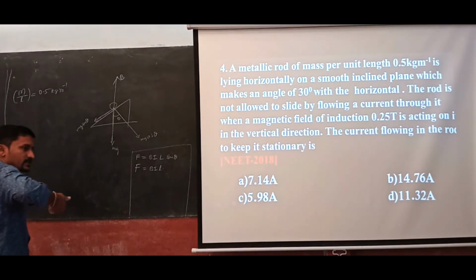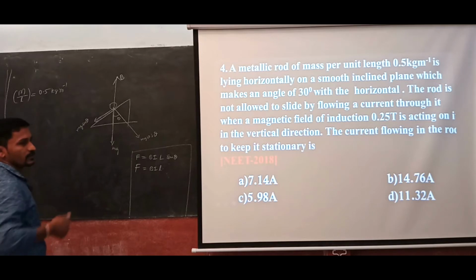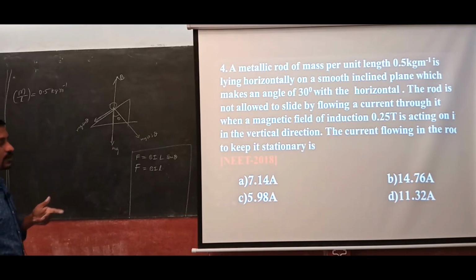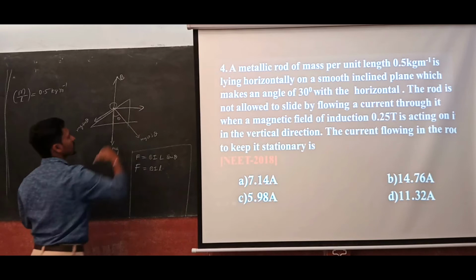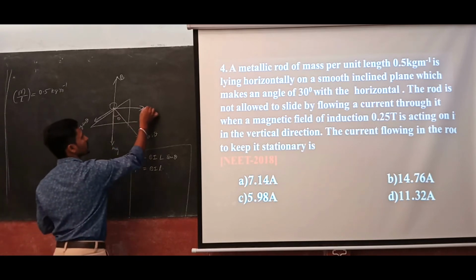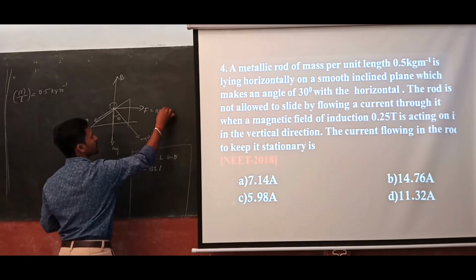Or if you use the left hand rule with current, magnetic field and force, the current will be in this direction, the magnetic field in one direction, and the force exactly in this way. That is actually F is equal to BIL.